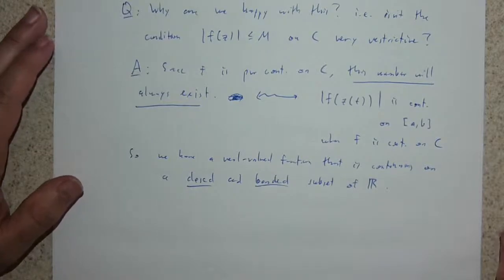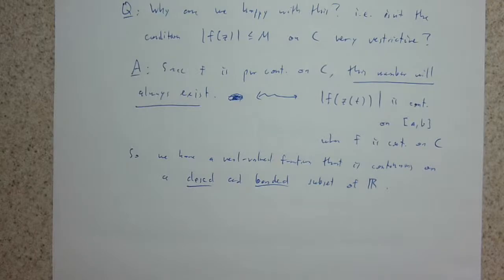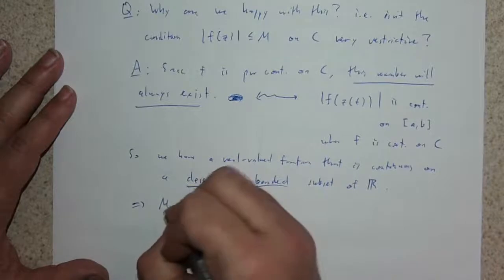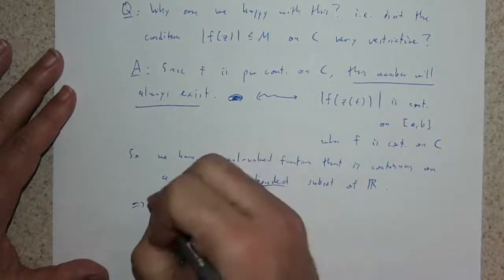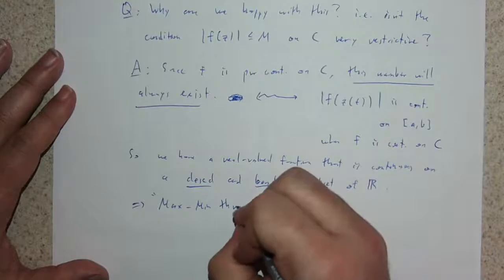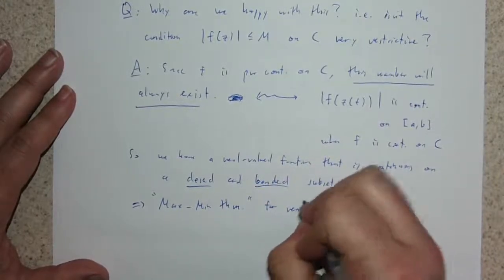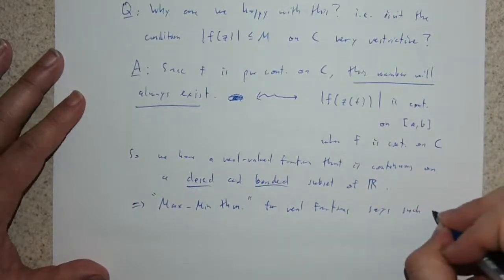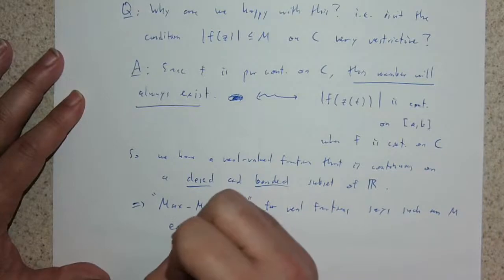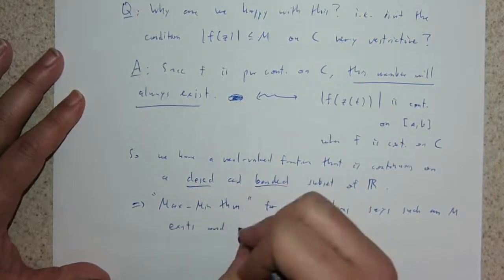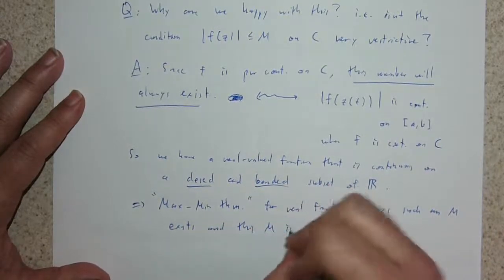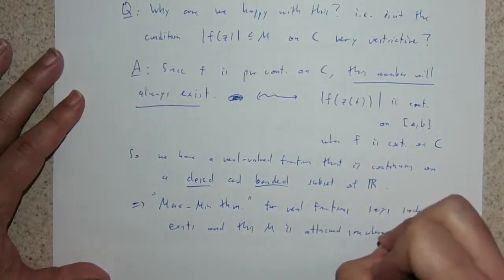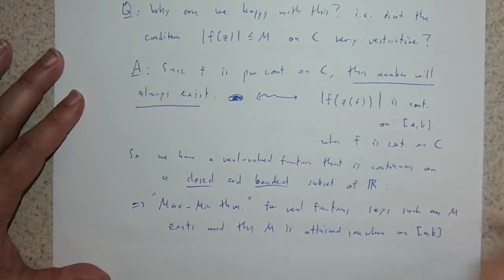The image of such a set is also compact. But the easiest way to remember this is that we have what's called the Max Min Theorem. It might not always be called this. The Max Min Theorem for real functions says such an M exists and this M is attained somewhere on the interval a to b.